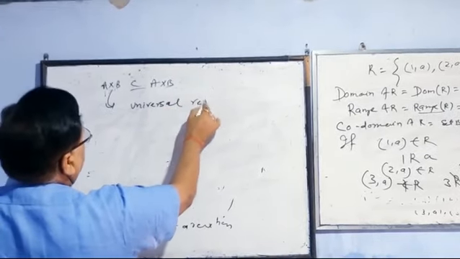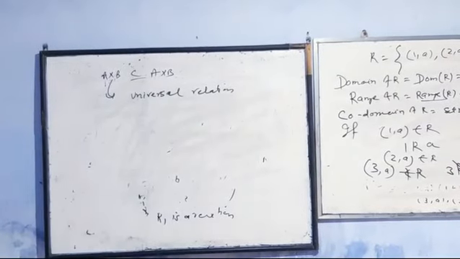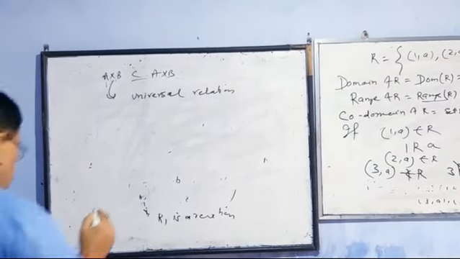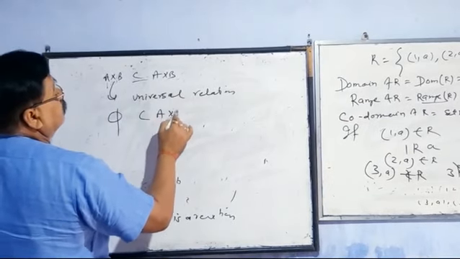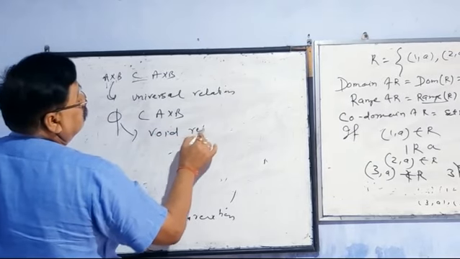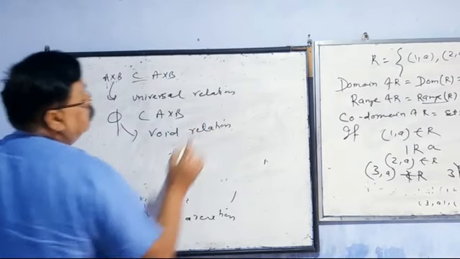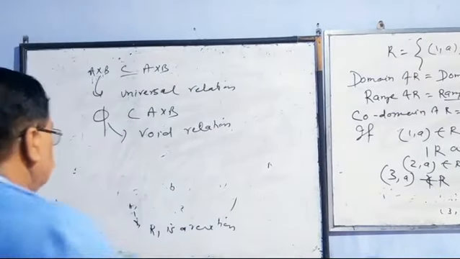The null set is also a subset of A cross B, so it is called the void relation. So different kinds of relation, students, we will study here.